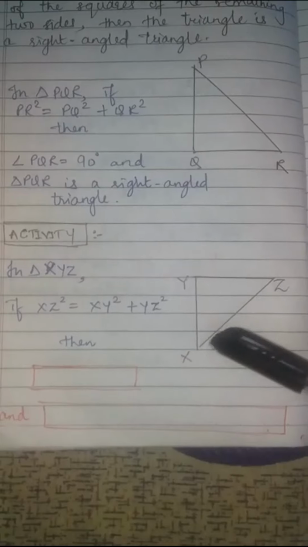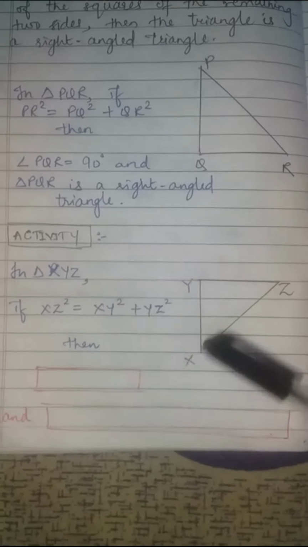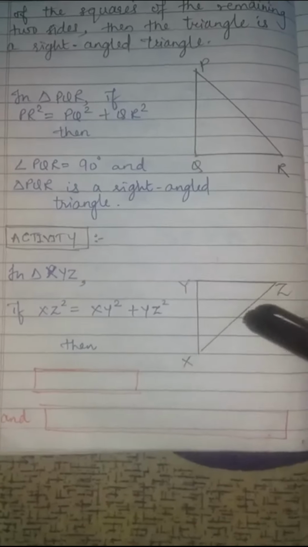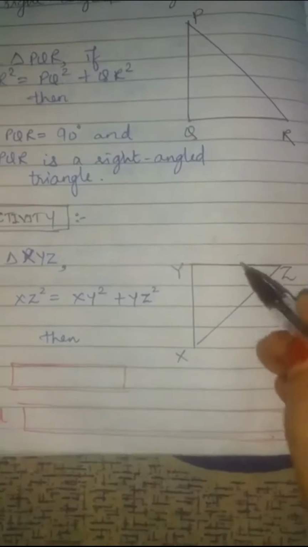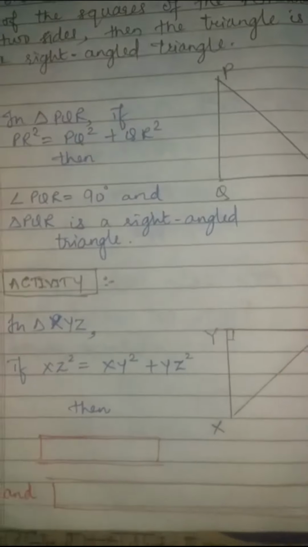So here we can say that by the converse of Pythagoras theorem, the angle opposite to the longest side, that is XZ, here angle Y will be 90 degree, right, by the converse of Pythagoras theorem.